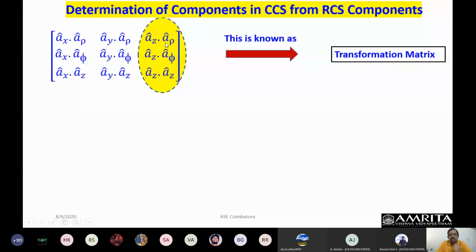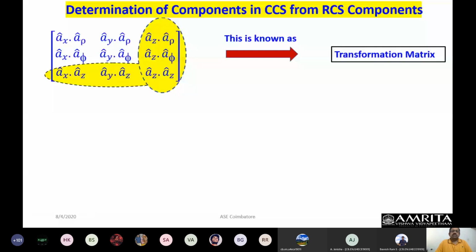We know the coordinates in cylindrical coordinate system: rho, phi, z, which are mutually perpendicular. So what will be the value of az hat dot a rho hat? It will be 0. az hat dot a phi hat will be 0. Same is the case because this is also orthogonal. This is coming from the cylindrical coordinate relationship, and this is coming from the rectangular coordinate system. And this term az hat dot az hat is the only term which we know obviously is 1.